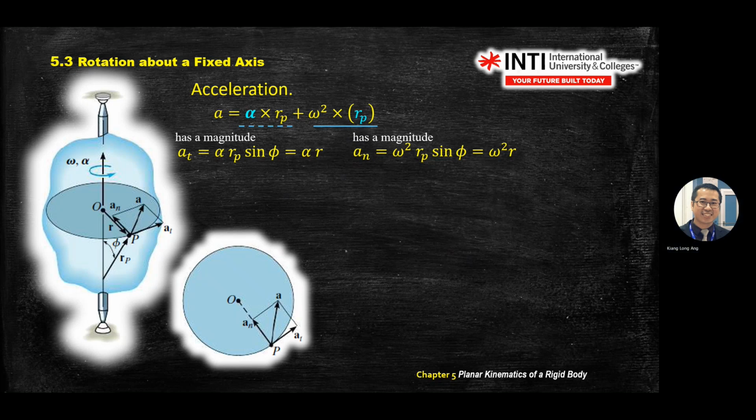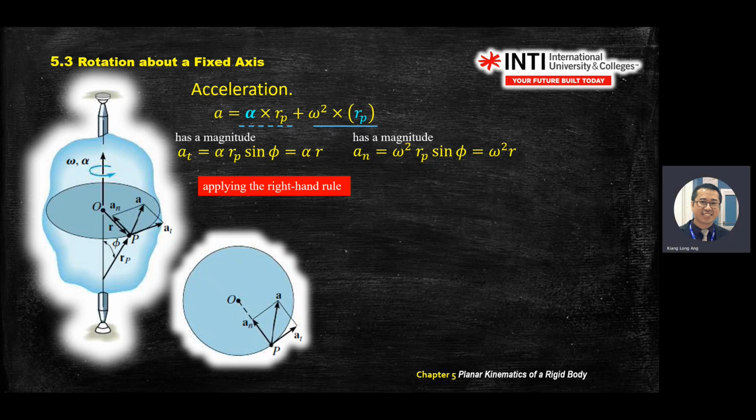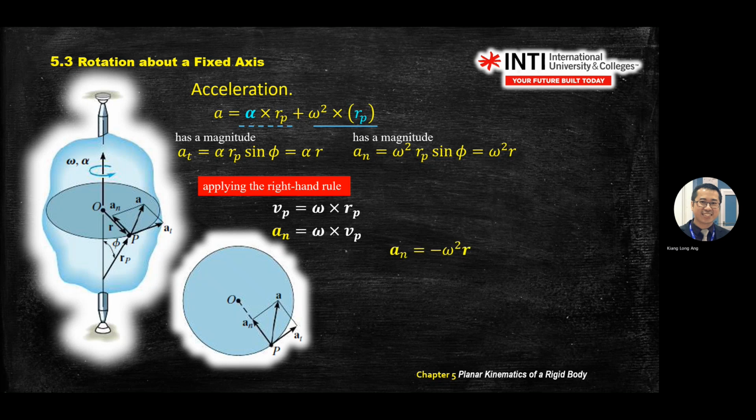Okay. But right hand rules. V_P equal to omega cross r. A_N equal to omega cross V_P. Okay, in normal direction, omega cross V_P. Your A_N, in this case, if you look at the direction of r, you'll get negative.